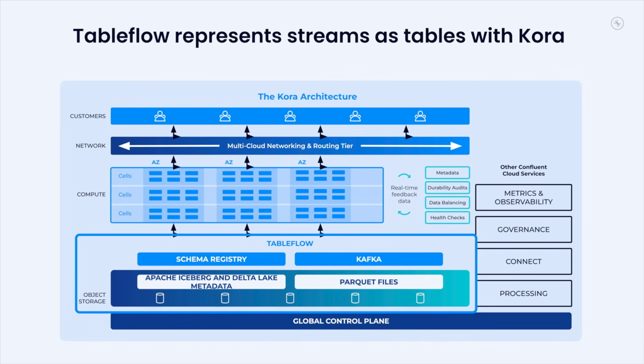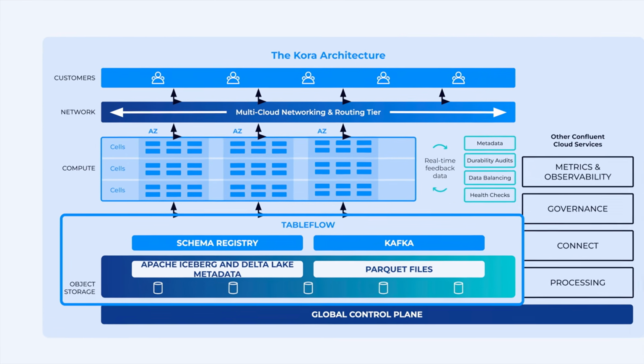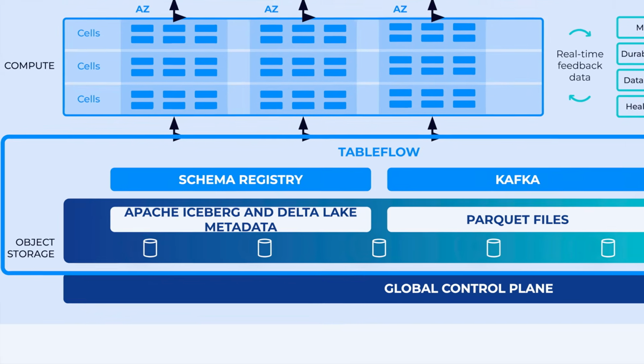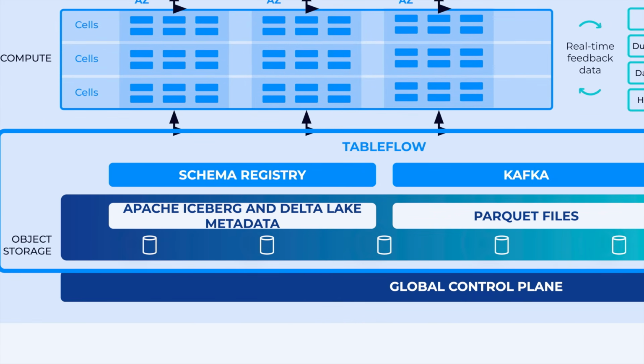Second, unlike a traditional sync connector that pulls data off the brokers and ships it out to an external system, Tableflow is built directly on Kora's tiered storage layer. It reads from the same durable object storage that backs your Kafka topics. This minimizes load on the brokers compared to connector-based approaches that will continuously consume from live partitions.